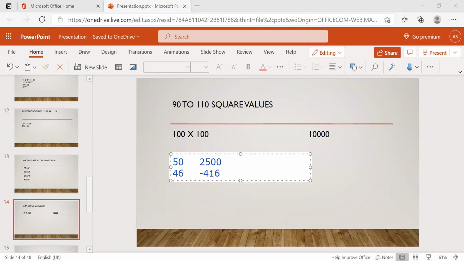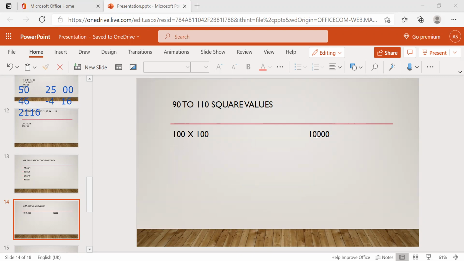So we are dividing into two parts here, like this. For the first digits we add the difference, minus 4, to 25. So the answer is 21 16. In the same way, keep this aside. Here also, based on the 100 square.